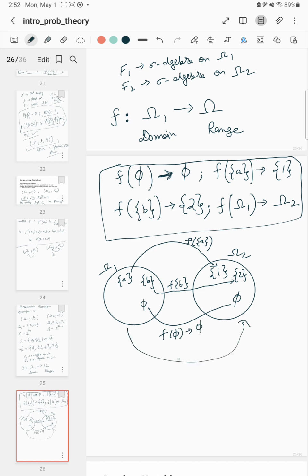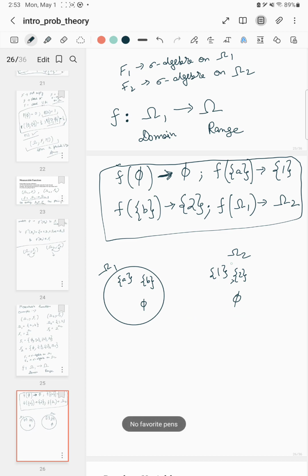And obviously for the whole set omega 1, it points to the set omega 2. So f is defined like this. Okay, now let's see whether it satisfies the properties of a measurable function or not.